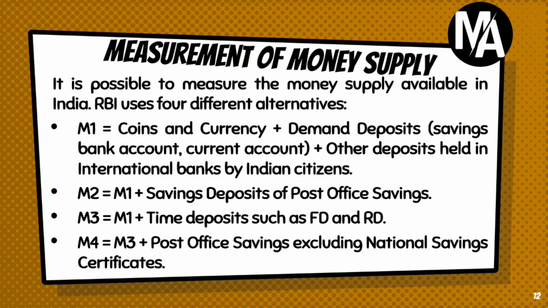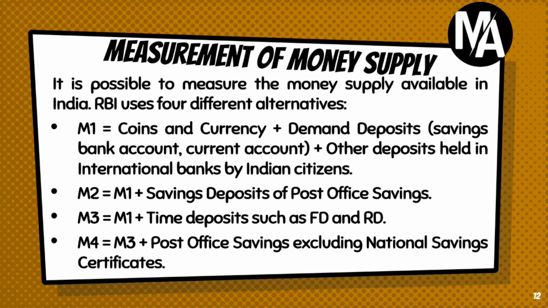For example, if I have 5 lakh rupees in a fixed deposit and I have kept it for 5 years, I cannot touch that money until the period of 5 years has been completed. And as you can see, M3 is slightly more difficult than M2 and M1 to be converted back into cash. That is why this is the third alternative.